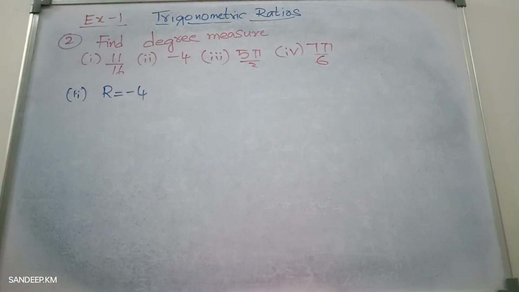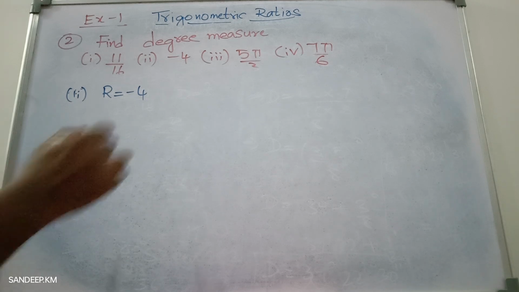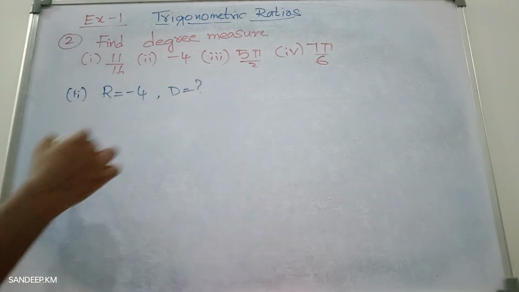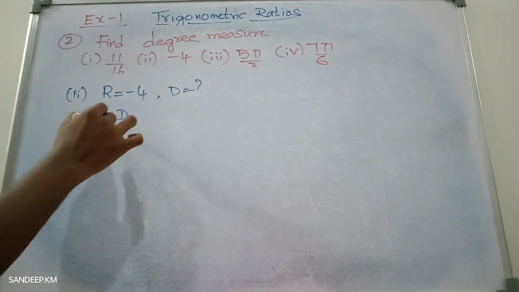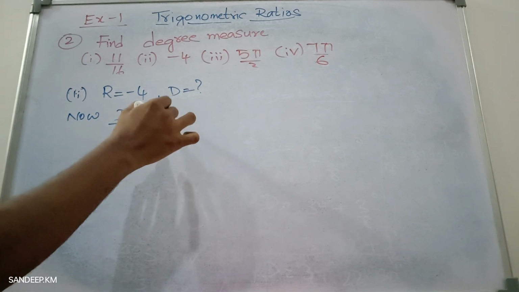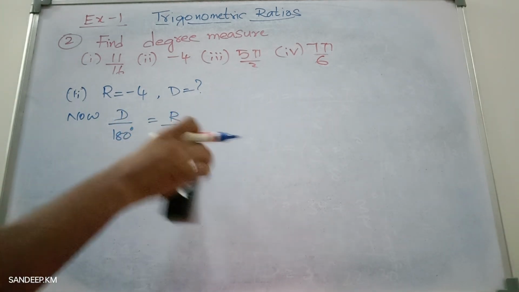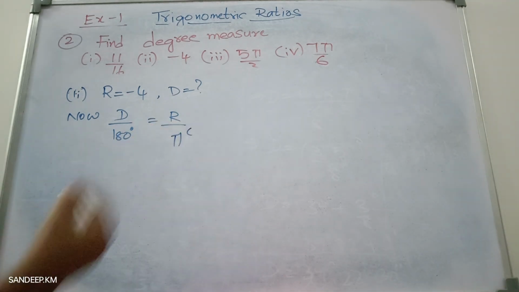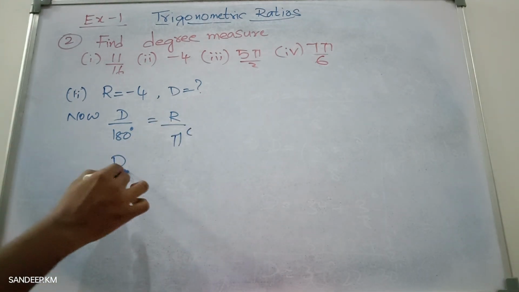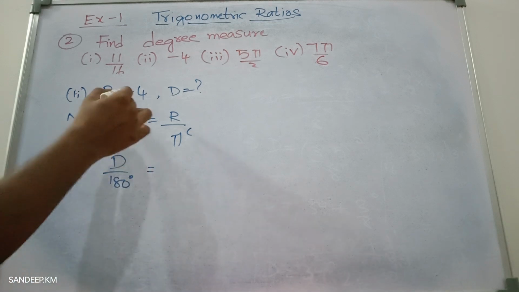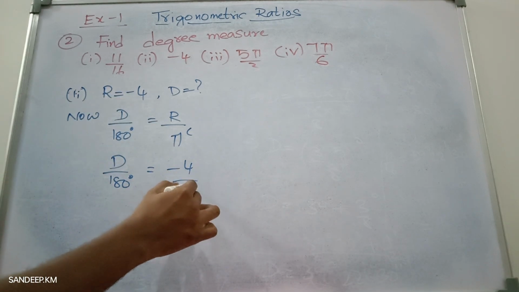In the second sub question, the radian measure is -4. We have to find its degree measure. So degree measure by 180 degrees is equal to radian measure by pi radians. So d by 180 degrees is equal to -4 by pi.